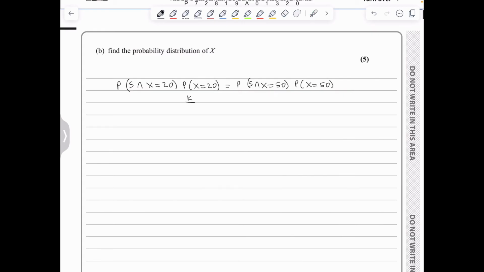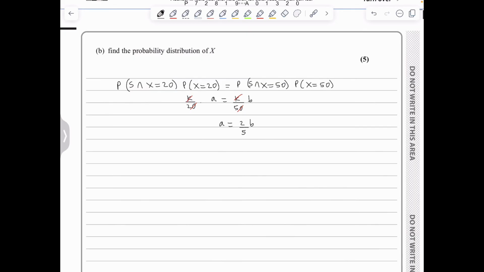So we get k over 20 times the probability of x being 20, which is a, to be equal to k over 50 times b. So we can see that the k's cancel out, the zeros cancel out, and we get that a is equal to 2 over 5b.